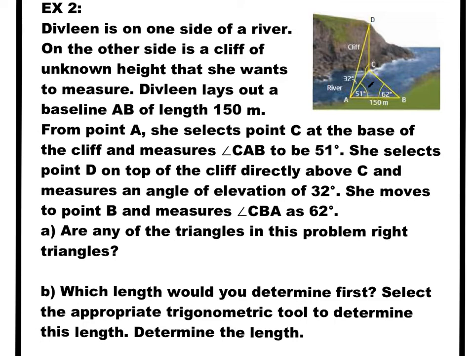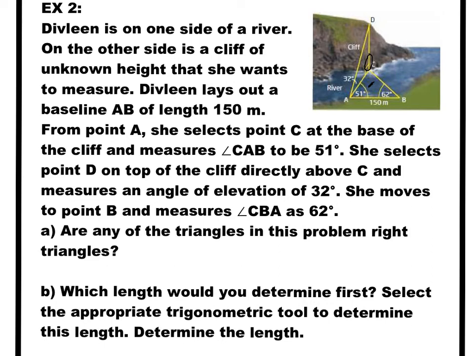The first question is: are any of the triangles in this problem right triangles? If we look at triangle ACD, you can see that angle C has a square in it, this means that it's 90 degrees. You may say that maybe triangle ACB is also a right triangle.